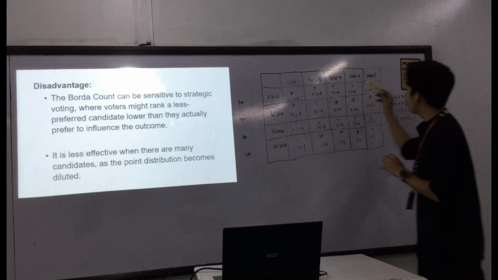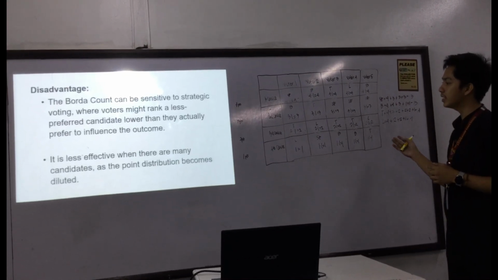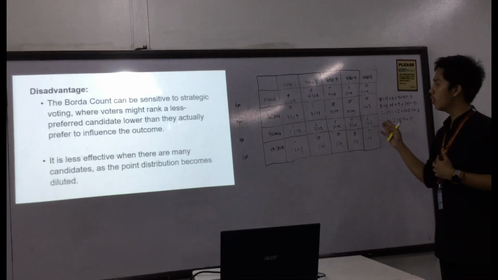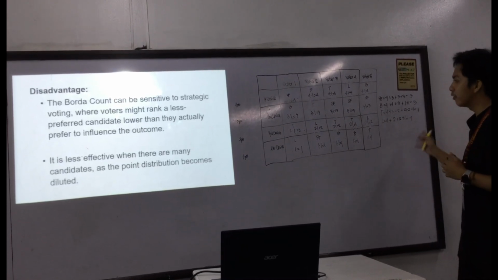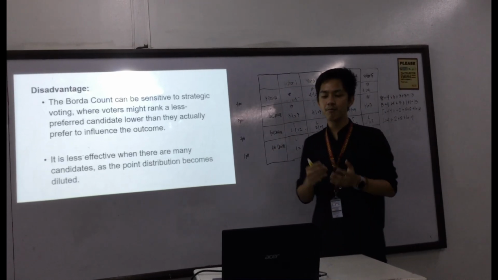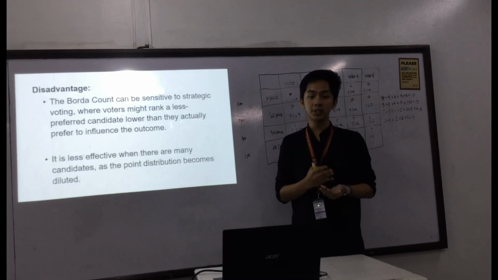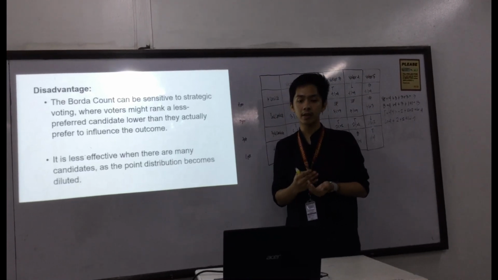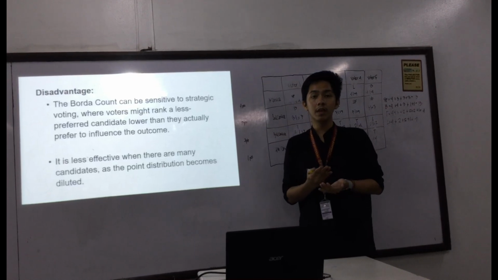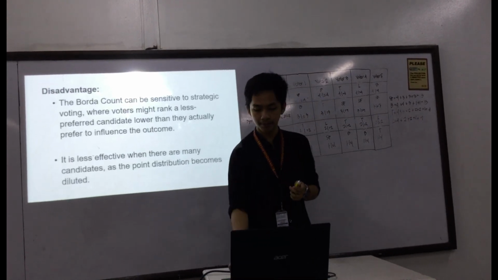As you can see, there are only 5 voters, but it is already difficult to get the overall outcome. If there are a lot of candidates, it will be diluted, and it will be more difficult to get the outcome.